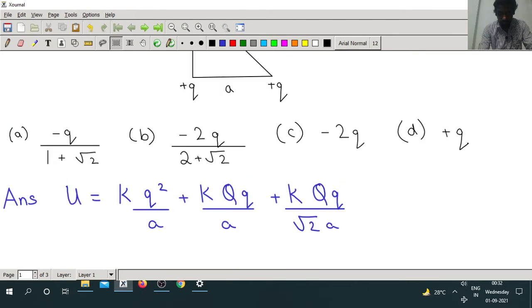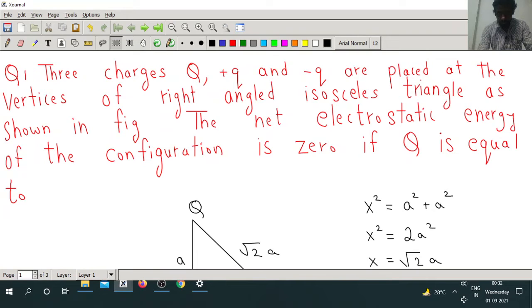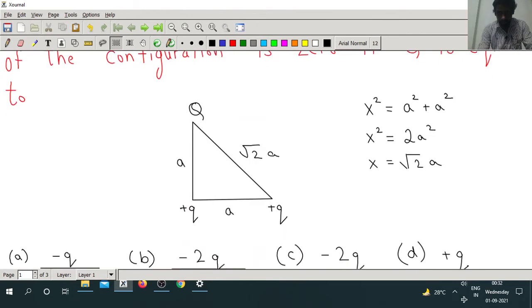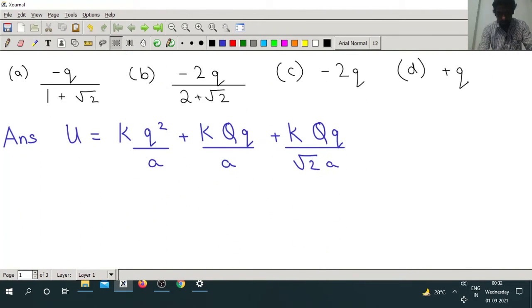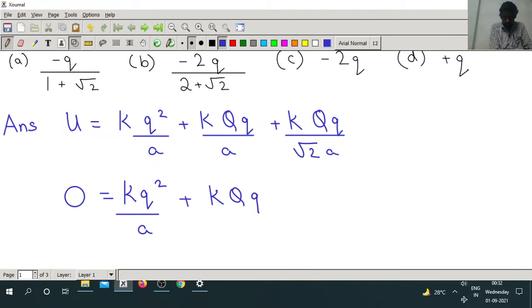In the question it is given that the net electrostatic energy of the configuration is 0 if capital Q is equal to what. That means we have the net electrostatic energy as 0 and we have to find the value of capital Q. So let us make this 0: 0 is equal to K into small q square over a plus K into Q into small q upon a plus K into Q q upon under root 2a.